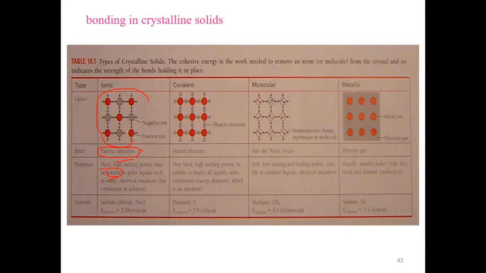Okay, an example of an ionic crystal we have already studied is sodium chloride, and the cohesive energy is this one. Actually, cohesive energy depends on the temperature. In our calculation, I think it was 3.22 electron volt per atom, and this was taken from a book. They have considered a somewhat lower temperature, so the cohesive energy will be this one.